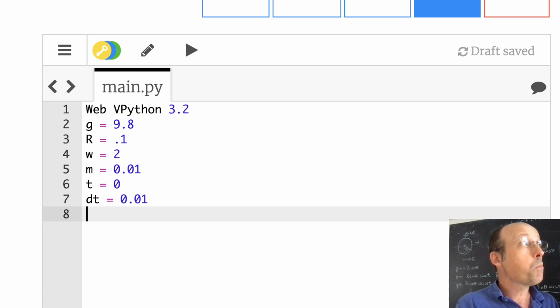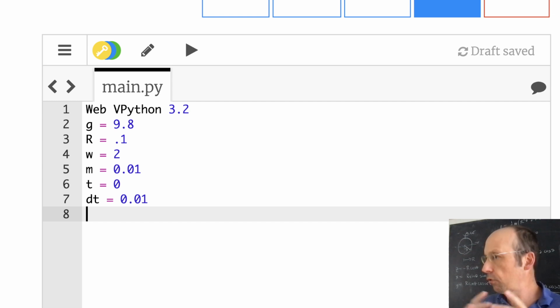I just realized that I don't know how to make a hoop. I made it before, but a hoop, I can make a disc. What did I do before to make a hoop? I want to make a hoop.